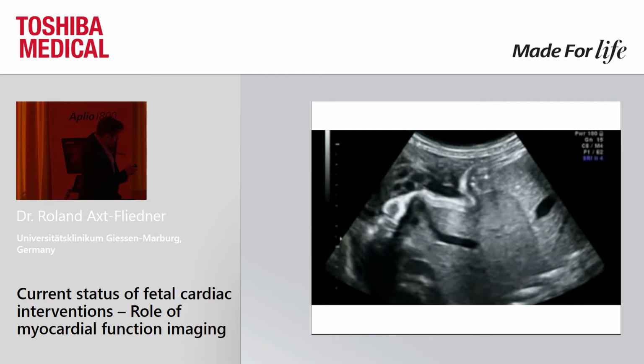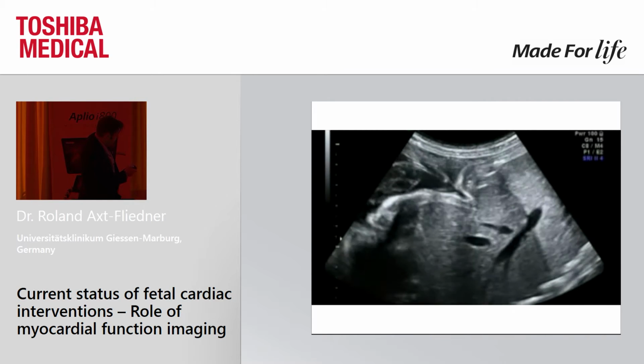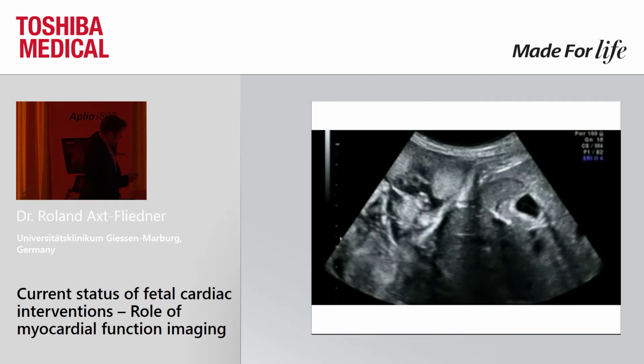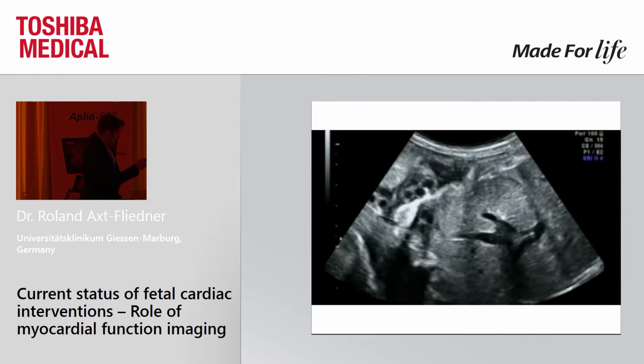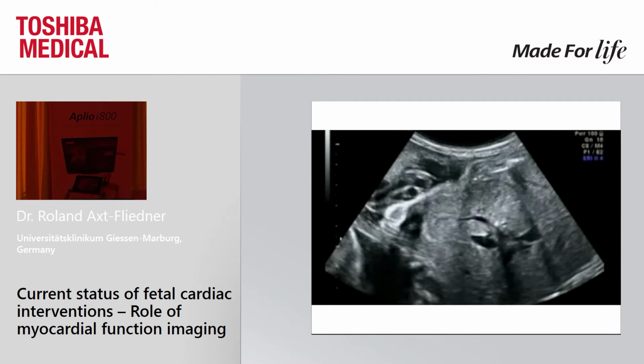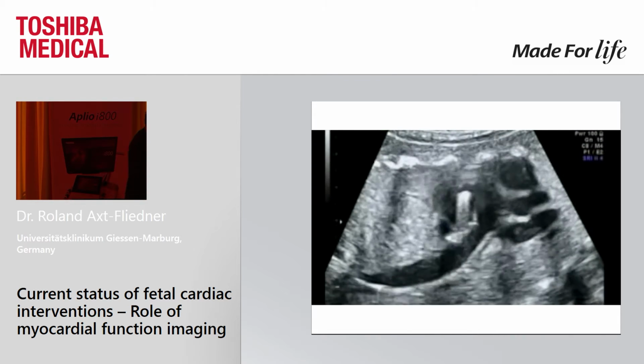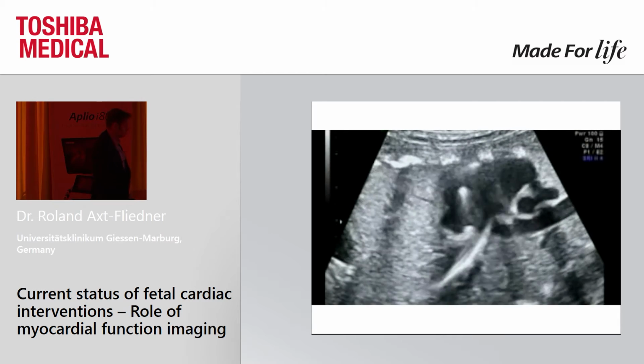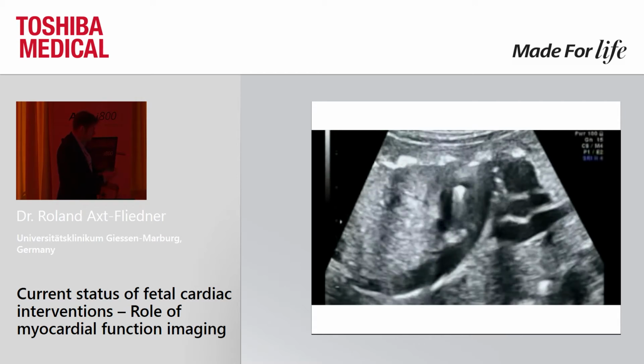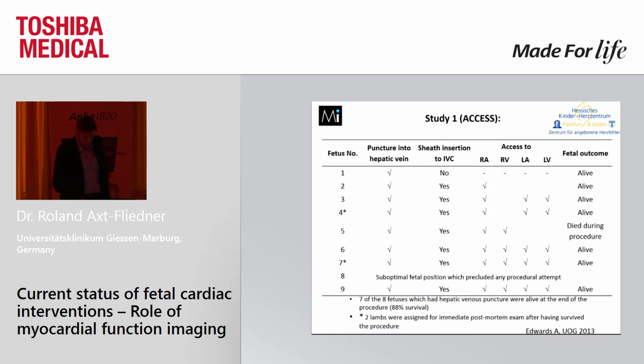You see here the needle going into the right hepatic vein, and then it's getting access to the lower vena cava, and then the wire is pushed towards the right atrium, and here you see that the right atrium is accessed.